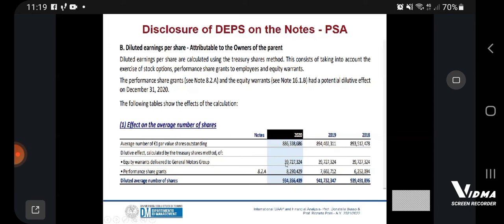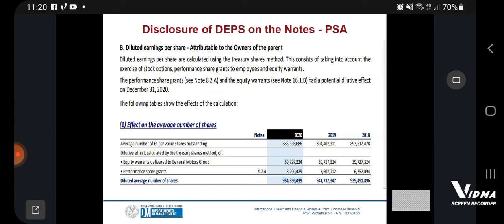What do they mean? If we are not very clear by the name, we can jump to note 8 A over here and look for ourselves what the company implies with the performance share grant, but basically it's a bonus element to the managers and employees. In case they have been performing above some criteria, they will be given some grants that they can later convert to common shares.